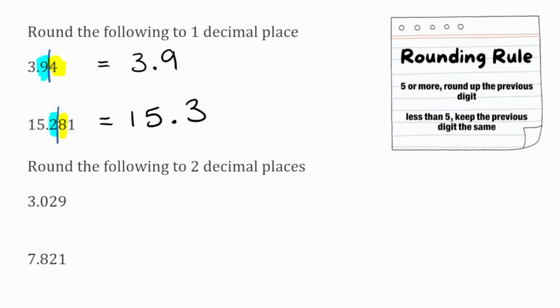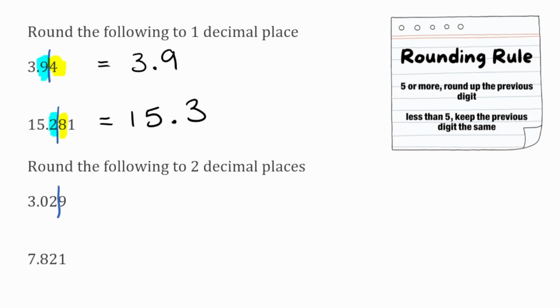So for this first question, we've got 3.029. So because we're rounding to two decimal places, well, our first decimal place would be our 0. Our second decimal place would be our 2. So this time we're going to put our line between our 2 and the next digit, which is our 9. So now we want to decide whether that 2 on the left-hand side of the line is going to remain as a 2 or round up to 3.